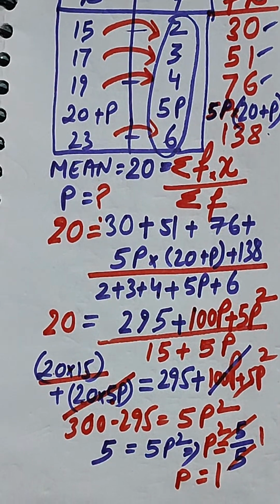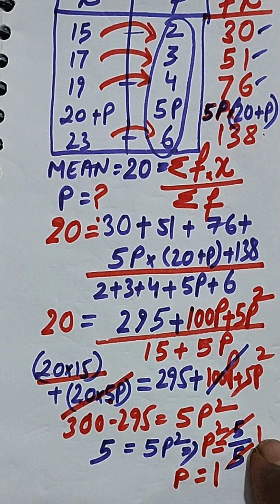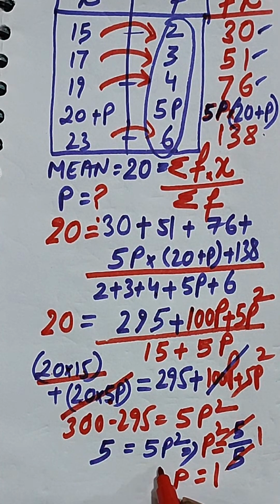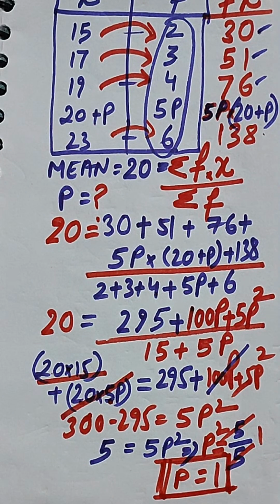Okay, though when you take the square root, it can be plus 1, it can be minus 1. But the negative value will not be considered here in stats, so that's why p equal to 1 is considered over here, and this is the answer, my dear friend, right?